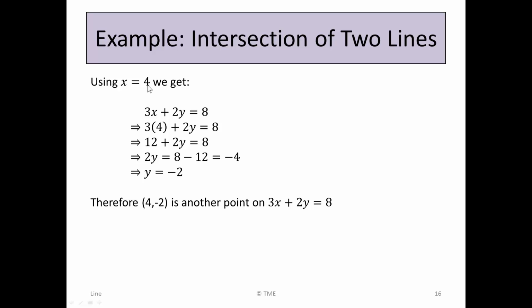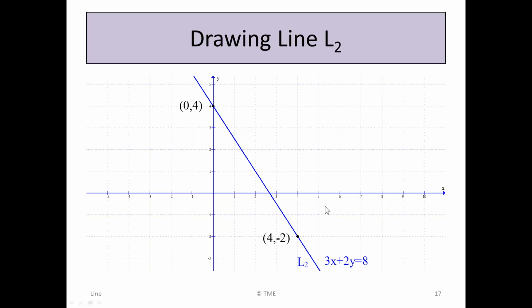So the point 4, minus 2 is another point on the line 3x plus 2y is 8. With the points 0, 4 and 4, minus 2 we can draw the line segment between them, representing 3x plus 2y equals 8.